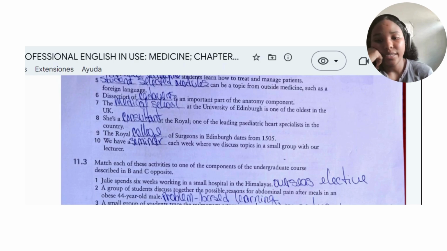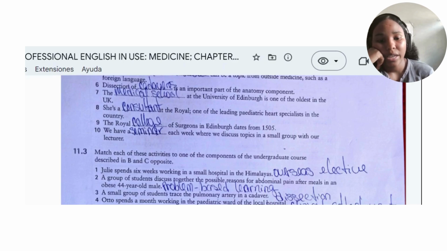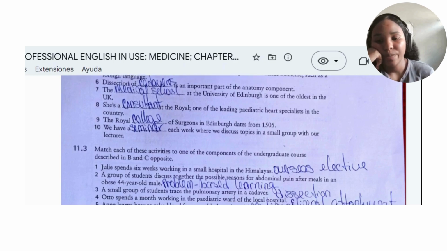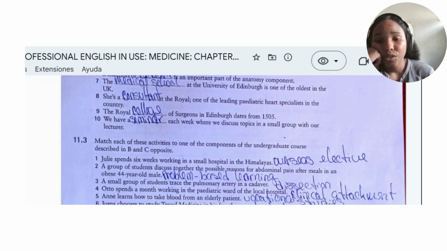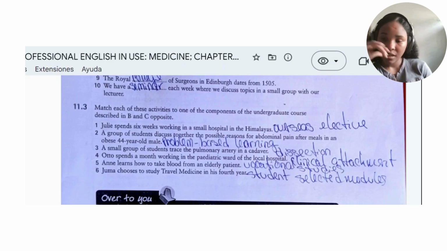She is a consultant at the Royal, one of the leading pediatric heart specialists in the country. The Royal College of Surgeons in Edinburgh dates from 1505. We have a seminar each week where we discuss topics in a small group with our lecturer.